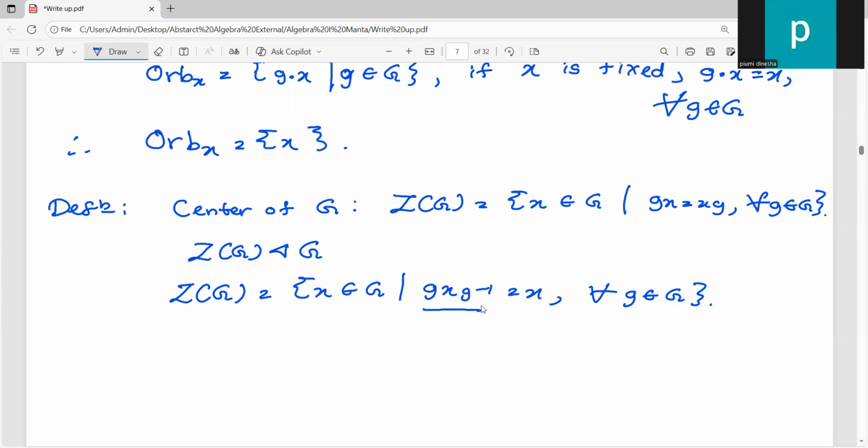This is what we define as the center of the group G.